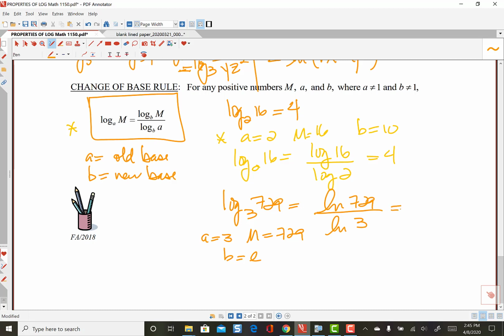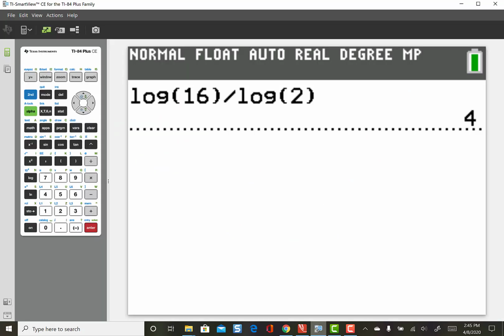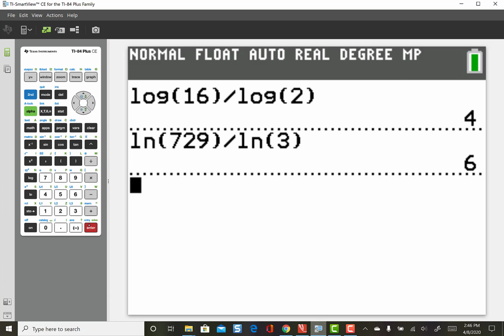So let's see what happens here. If I take the natural log of 729 divided by the natural log of 3, it's 6. As I said, you could use base 10 logs as well.